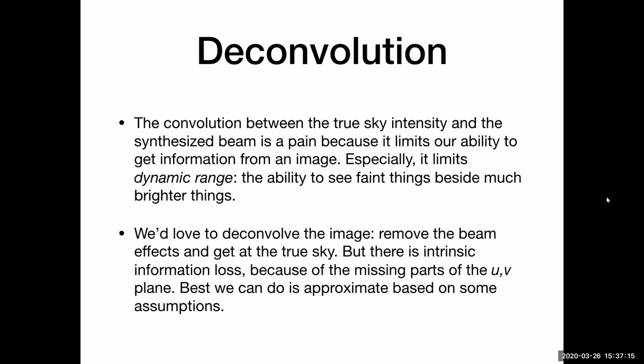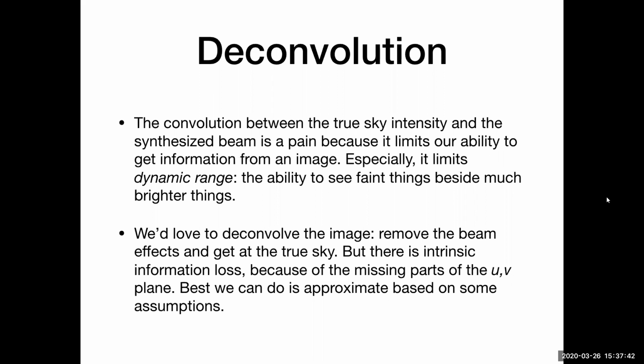And so we want to recover that as much as possible, which brings us to the class of deconvolution algorithms which are trying to remove the effects of the convolution of the synthesized beam. This of necessity involves assumptions to fill in some of the missing information that we don't have.